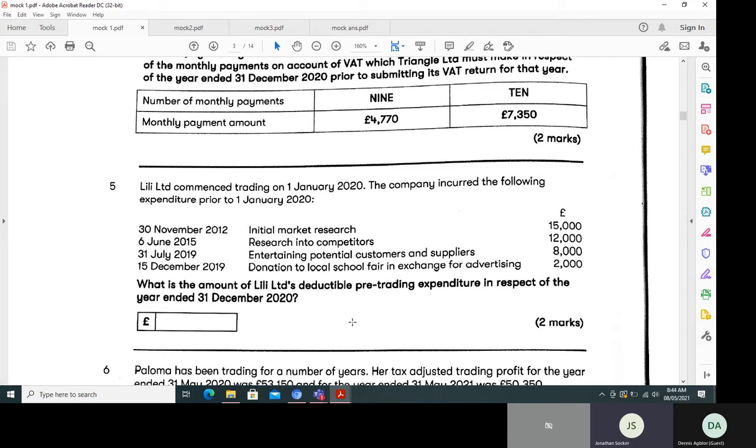Okay, so we take the one after the other. The first one was incurred on 30th November 2012. That's initial market research, and that expenditure should be allowed. But since we are dealing with pre-trading, let's also check the dates. Does it fall within 7 years to the date you commence trading?